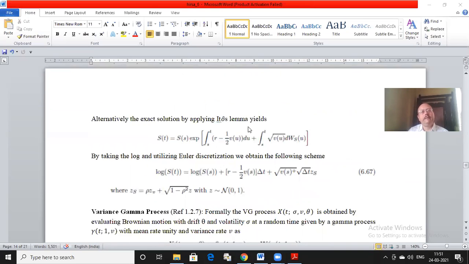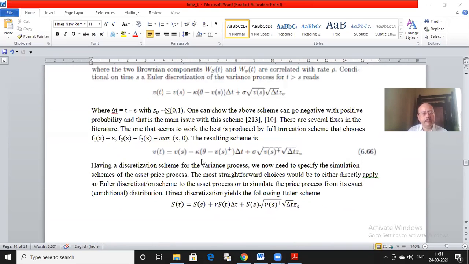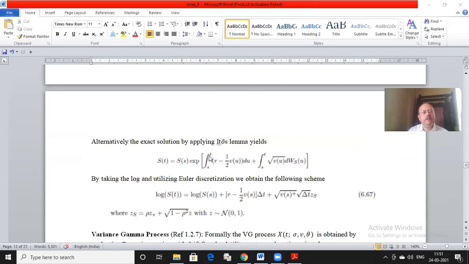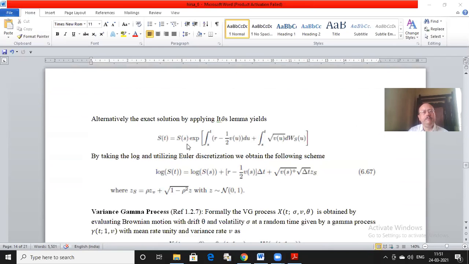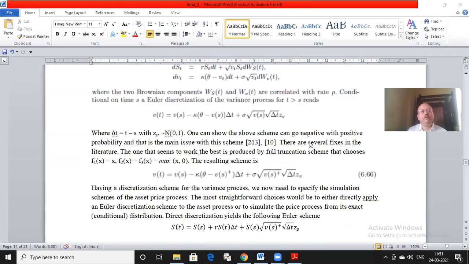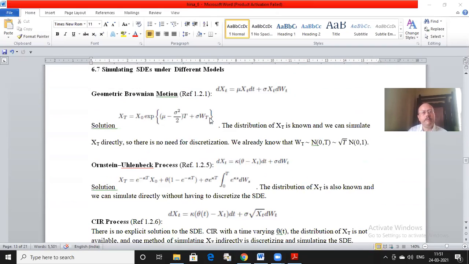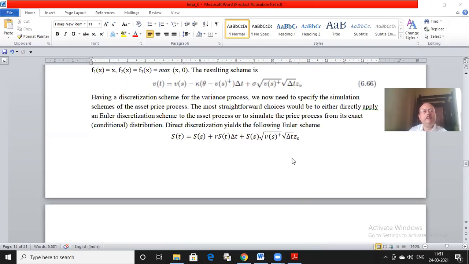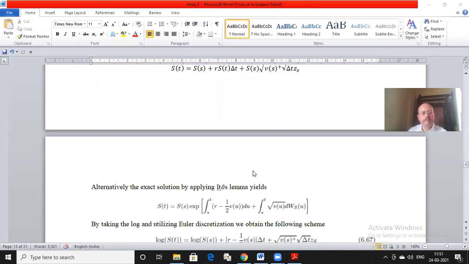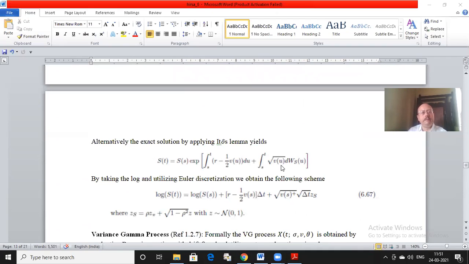Or I can directly apply the Ito's lemma, conditioning on V, of course, to get S_t equal to S at s e to the power this integral, which is the usual analytical expression as in the geometric Brownian motion. Because once I condition on V, this sigma becomes known, so I can find the analytical expression. So these are the two alternatives. I can either use the Eulerian scheme again, or I can directly use the analytical expression.